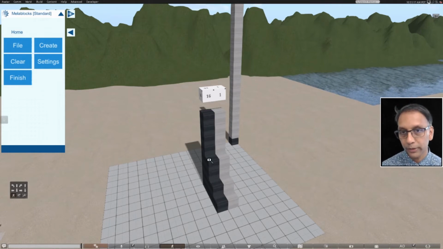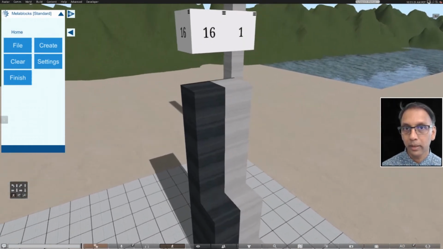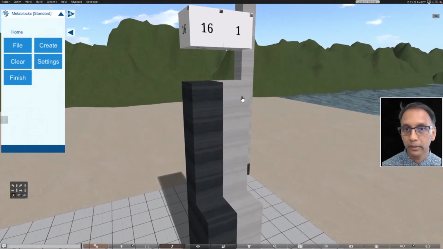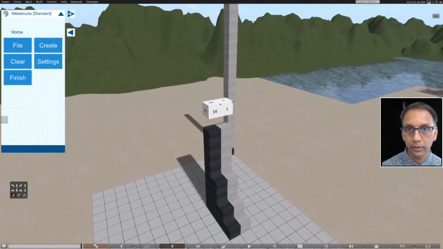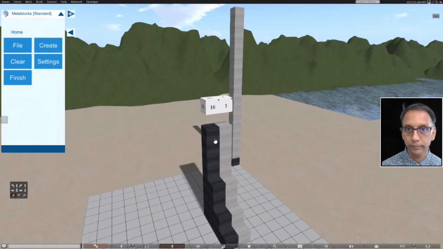And remember, each black cube represents 16 white cubes. All right, so that's very easy to understand.